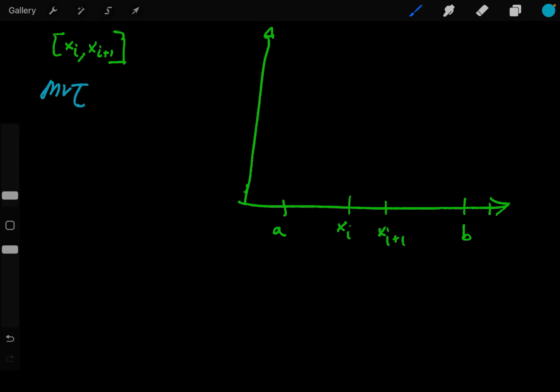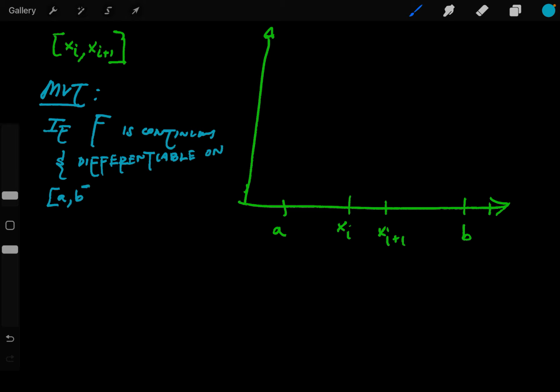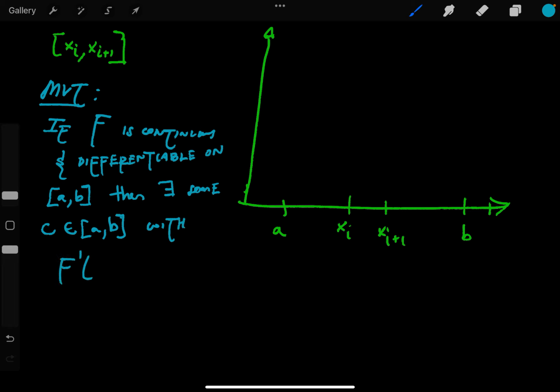The mean value theorem states: if f is continuous, and we need differentiable for the mean value theorem, and we do have differentiability for this, differentiable on (a, b), then there exists some c contained in that interval where the following equality is true: f prime of c is equal to f of b minus f of a over b minus a.